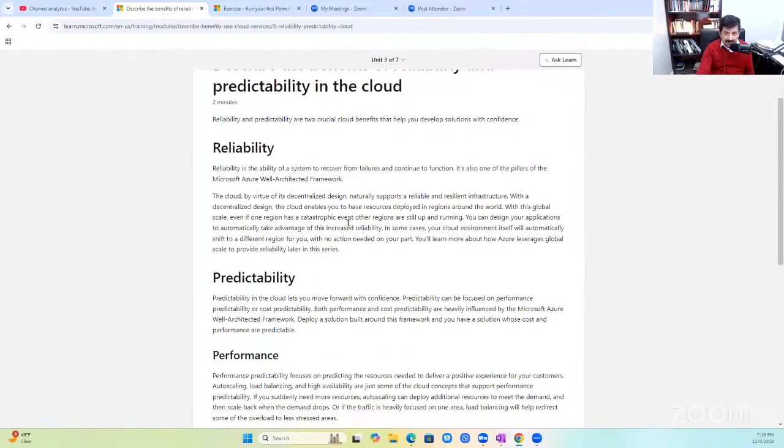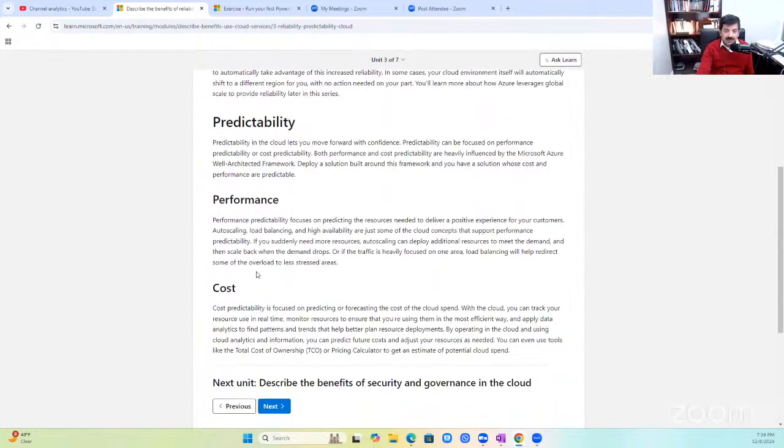Reliability, as we already discussed, is higher because you have set up centers in different geographical locations, and if there's some disruption in one geographical region, you can switch the servers to different regions. You can make sure your applications are working in different regions.